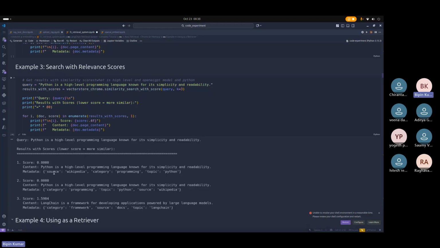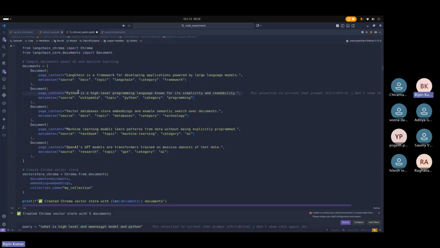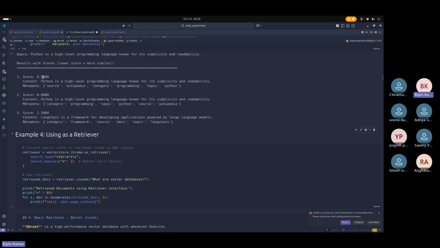See, the score is 0 when we ask the same question, exactly the same thing that is written, like Python is a high level programming language known for its simplicity and readability, right? Because of that, it gives the exact same score.